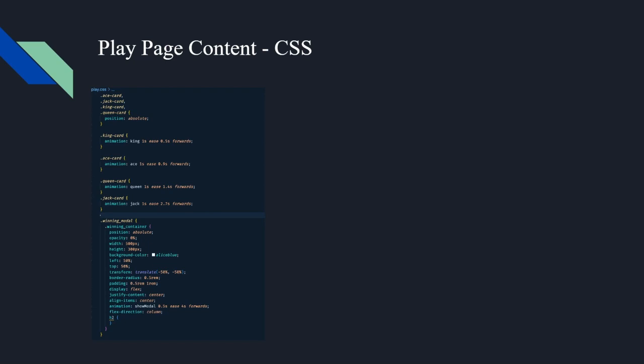Similarly, the queen and jack, 1.4 and 2.7. So it looks like you're dealing naturally. And then once the cards are dealt, we're going to have a winning modal coming after 6 seconds. So you get the winner chicken dinner page.